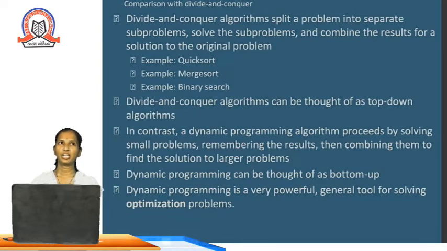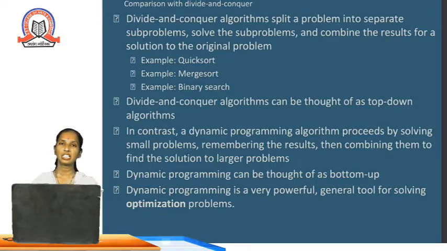If we compare this algorithm with divide and conquer, in the divide and conquer strategy the problem is divided into separate sub problems. Those sub problems are solved separately, and then the results are combined to form the solution of the original problem. Examples in which the divide and conquer strategy is used are quick sort, merge sort, and binary search.